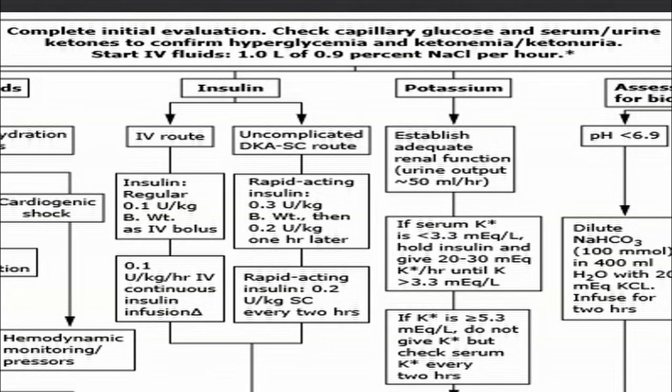Then, if the ketone is positive, we have to start IV fluid, 1 liter of 0.9% normal saline per hour. There are basically four main parameters that we have to manage during the management of diabetic ketoacidosis: first, the IV fluid; second, the insulin; third, the potassium; and fourth, the bicarbonate.